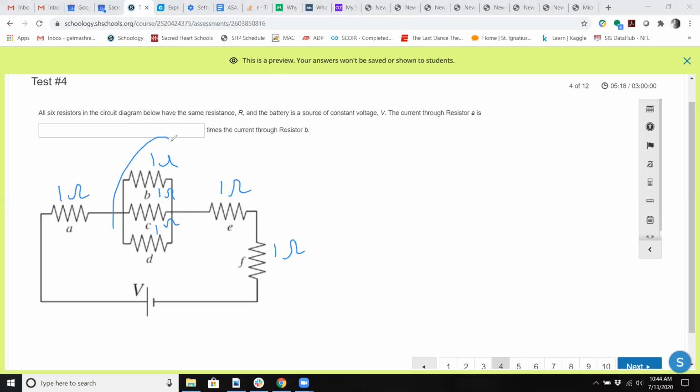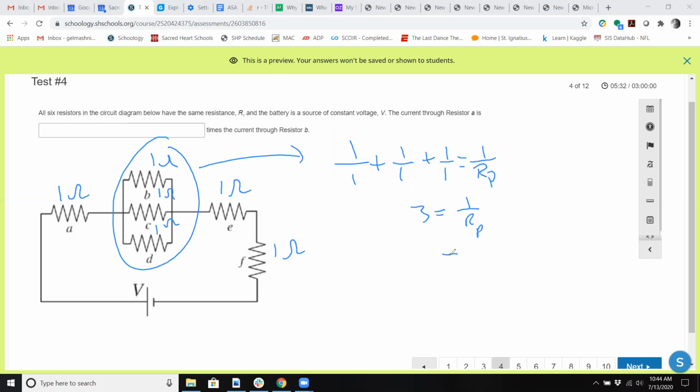And these are parallel, so you have to do 1 over 1 plus 1 over 1 plus 1 over 1 equals 1 over the resistance of a parallel circuit, so that becomes 3. So the resistance of the parallel circuit is just going to be 1/3, where that was 1. So clearly A is 3 times as much. So the answer is 3 times as much for that one.